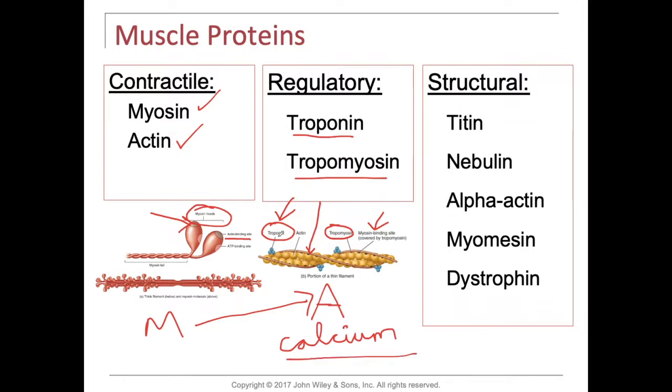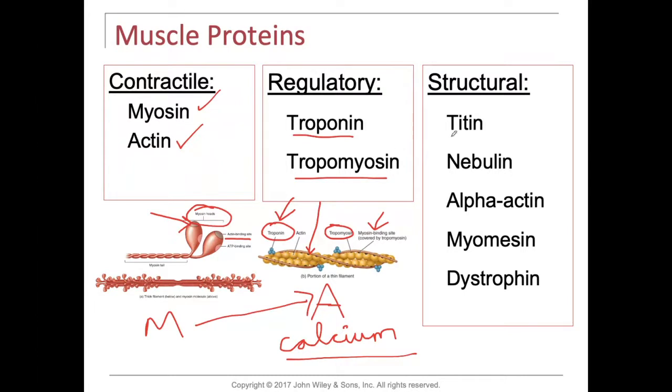So calcium comes in, goes after troponin, removes it, tropomyosin shifts, and now, like a magnet, the myosin head can attach to the actin, and when they connect, a contraction takes place.